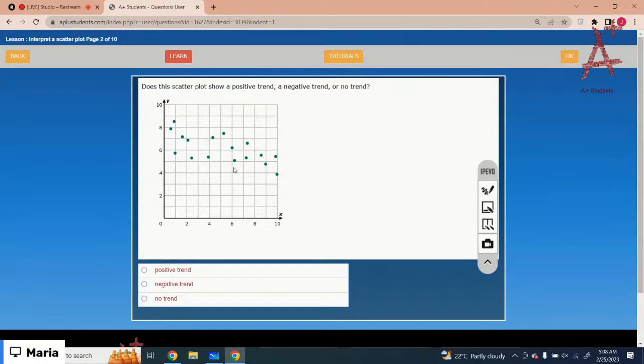When x is 6, y is 5. When x is 10, y is 4. That means as x values are increasing, y values are decreasing. Got it? That is a negative trend. As x values are increasing, y values are decreasing. That is a negative trend.